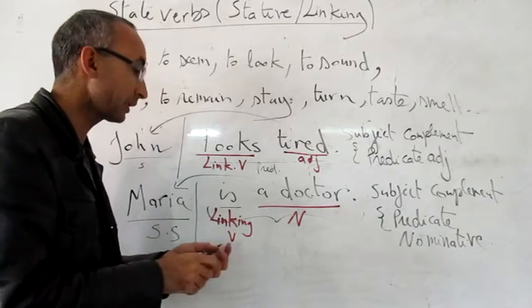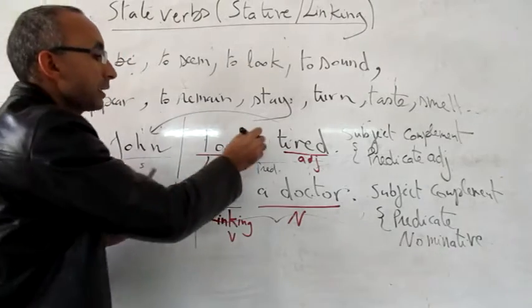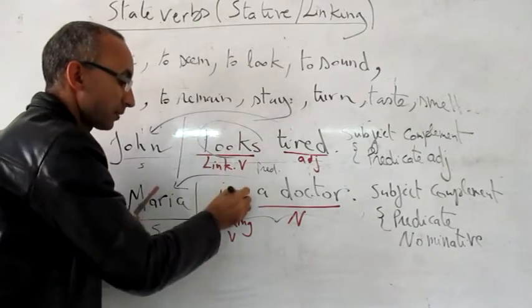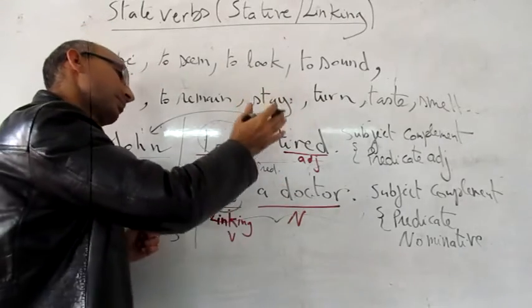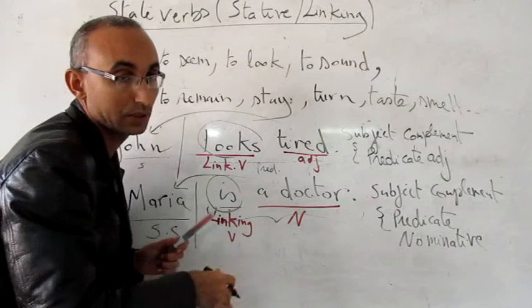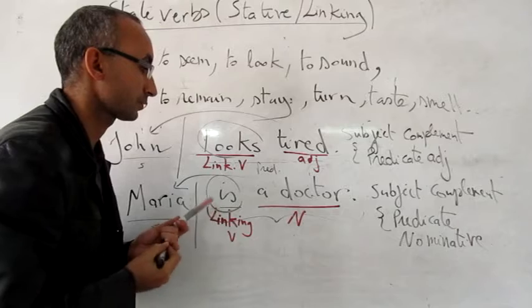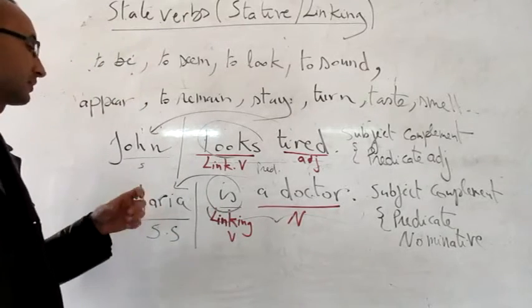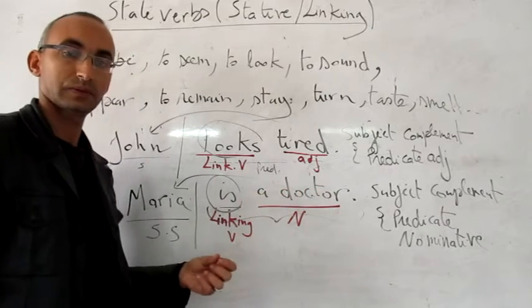Subject complement. So here, with these four types of complements, we work with the type of the verb. Linking verb, after it we have either predicate adjective or predicate nominative. And both of them are called subject complements. Now, look here. If I have Maria is a good doctor.